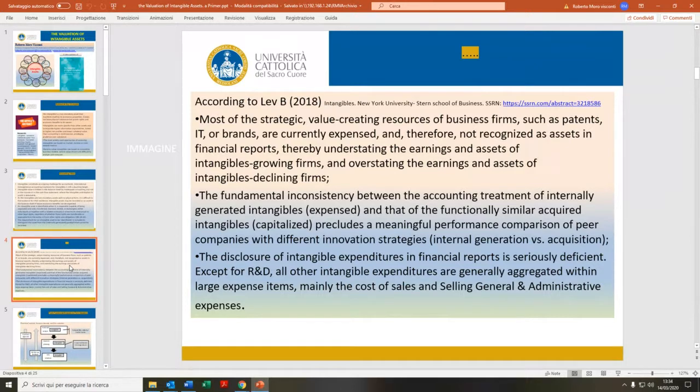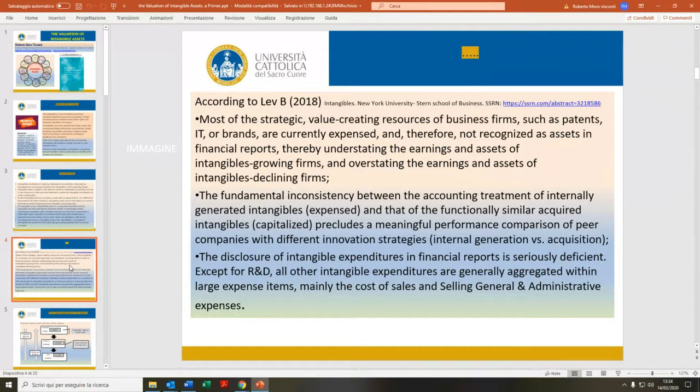There is a fundamental inconsistency between the accounting treatment of internally generated intangibles, which are expensed, which are recorded, as we said, only in the income statement, and that of other capitalized intangibles that might be recorded in the balance sheet according to some strict accounting rules.